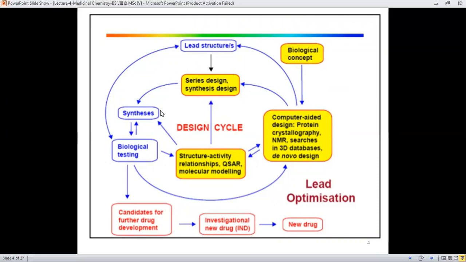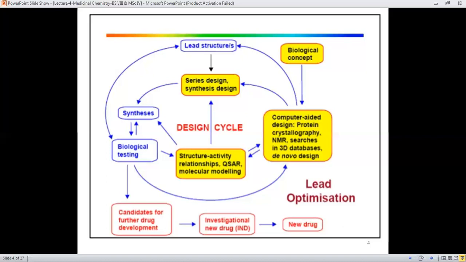After the synthesis, the biological testing stage occurs, and at this stage there are many steps which also result in some changes in the synthetic methodology in order to produce the most biologically active compounds.